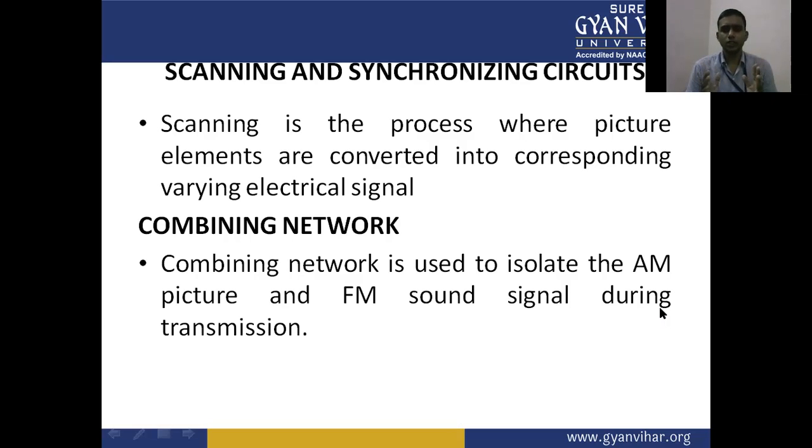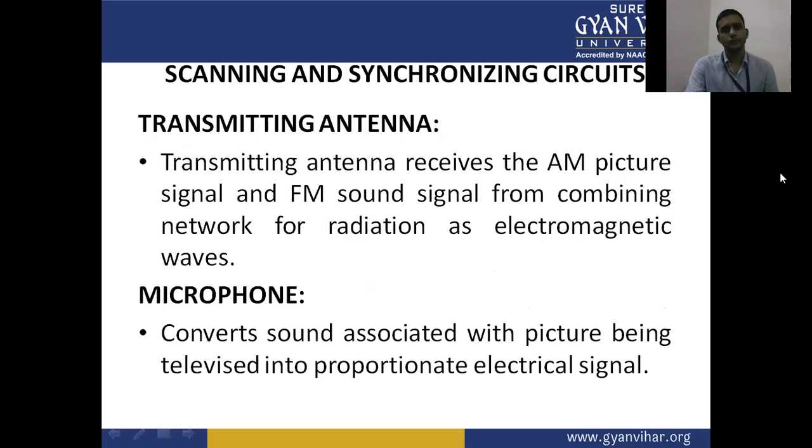The combining network is used to combine the AM picture and FM sound signal during the transmission. Transmitting antenna. The transmitting antenna receives the amplitude modulated picture signal and FM sound signal from the combining network for radiation as electromagnetic waves.